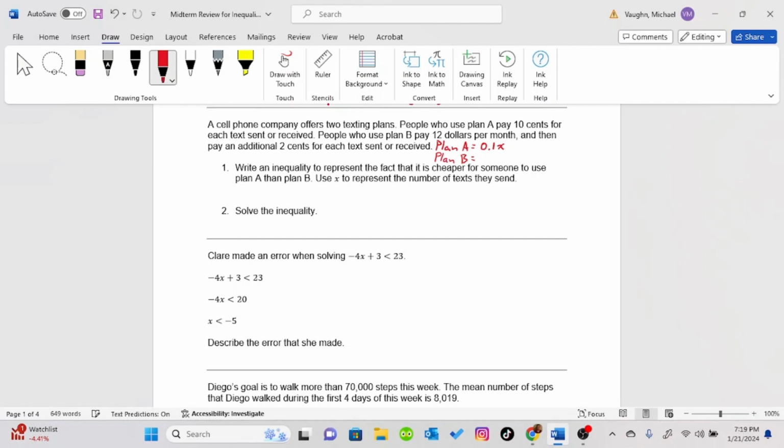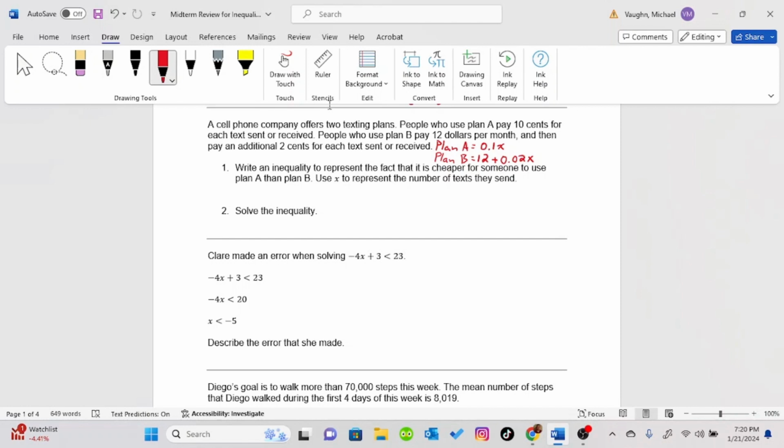Plan B is going to equal 12 for the $12 per month plus 0.02x to represent the 2 cents times every text sent.